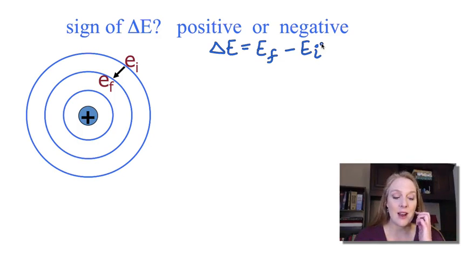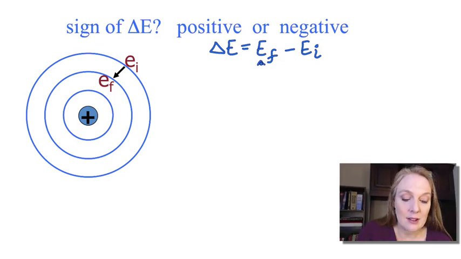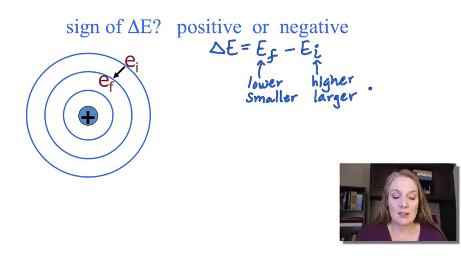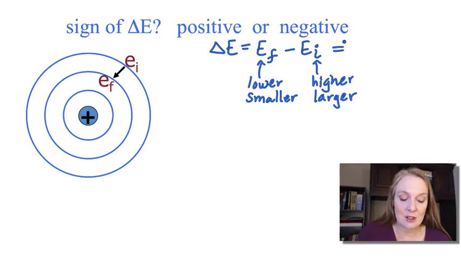Here, the energy of the final state is a lower value or a smaller number, and the energy of the initial state is a higher energy or a larger number. So the sign for delta E here is going to be a small number minus a big number, which is a negative number.